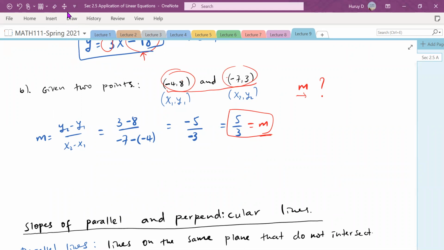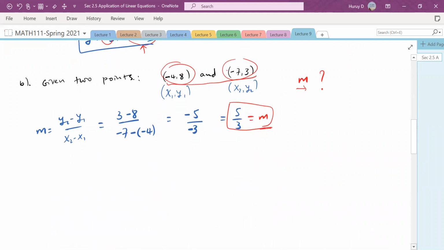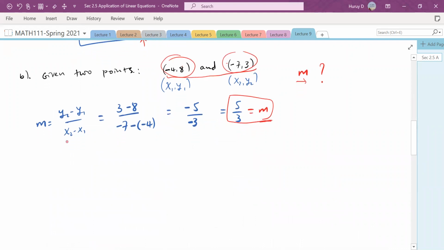Let's see if we get the same answer using both points. I will use the first one. Using the first one, we have y minus y1, which is 8, equals the slope 5/3 times x minus -4. Simplify this: 5/3x plus 20/3.